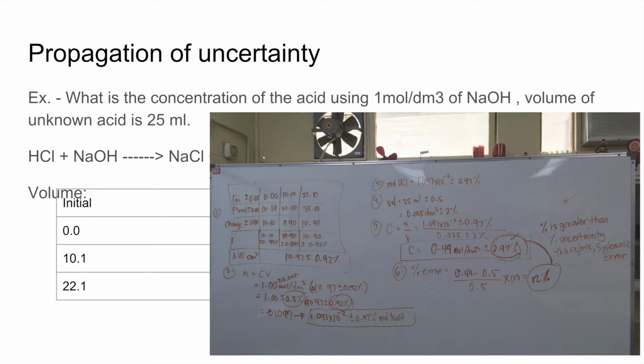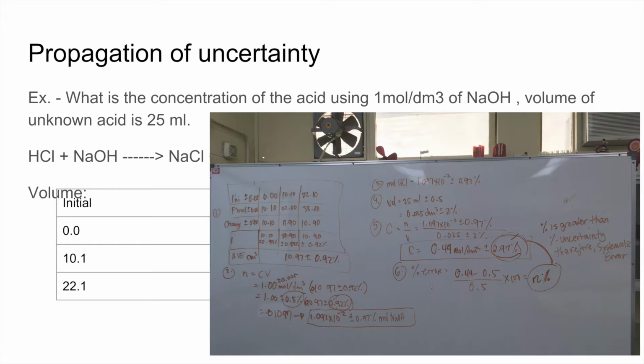Maybe this one. What's our error here earlier? 0.5, right? This is by 1. Please pay attention, 0.5. So 25 plus minus 0.5. How many percent is this? 0.5 divided by 25 times 100? 2%. So if I convert that to dm cubed, this becomes 0.025 dm cubed plus minus 2%.